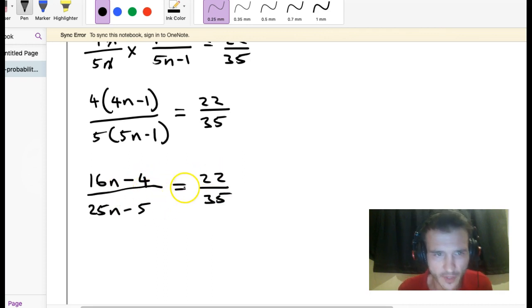Now we want to get rid of the fractions, so we'll times everything by 25n minus 5, so it cancels here and goes up here, 22 times that. And we can times everything by 35 to cancel it here and times it up here.